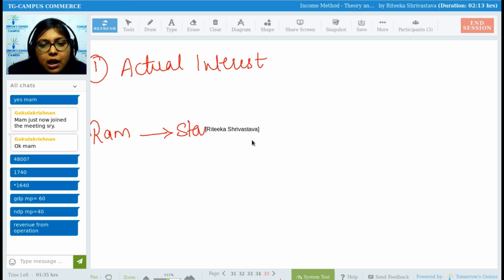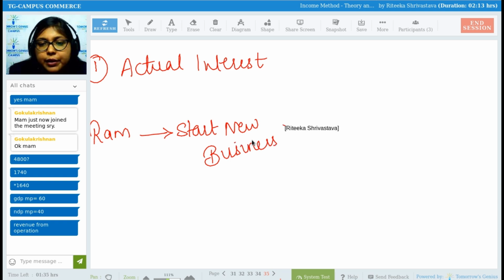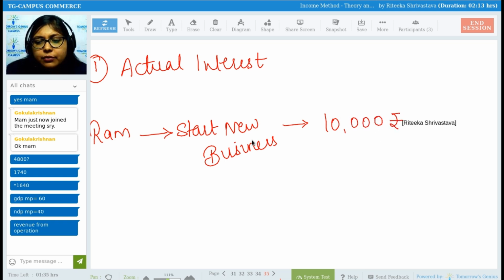Ram wanted to start his new business. For starting a new business, he is going to require 10,000 rupees. Just an example.